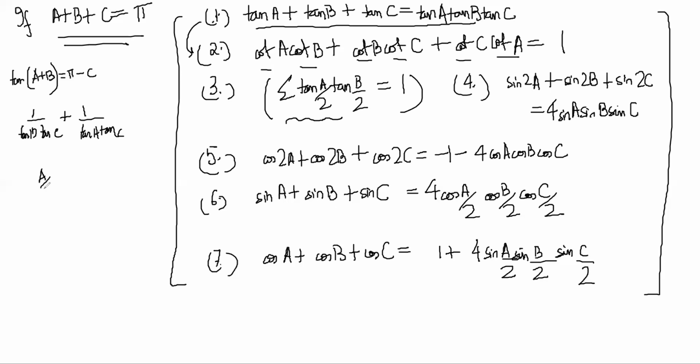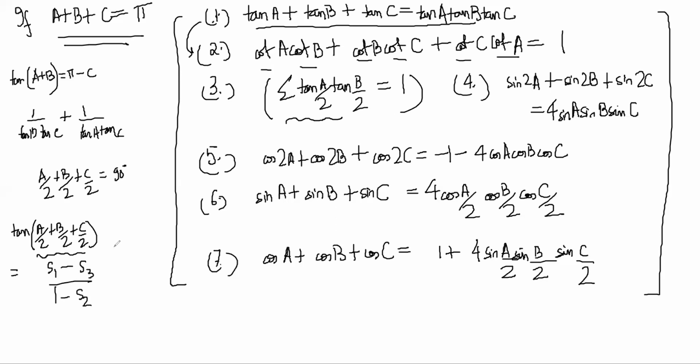Third one, think of A by 2 plus B by 2 plus C by 2 is equal to 90, right? If you just take tan of A by 2 plus B by 2 plus C by 2, we know how to expand tan of three angles. It will be S1 minus S3 by 1 minus S2.